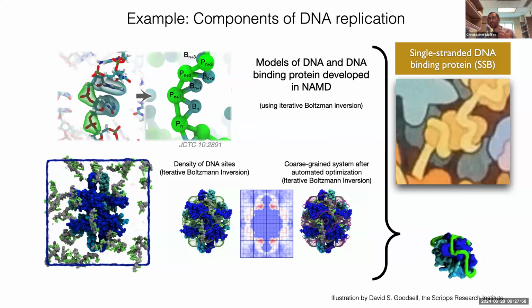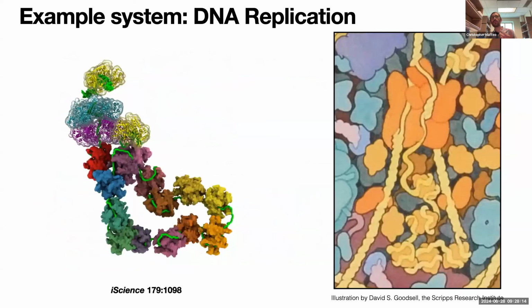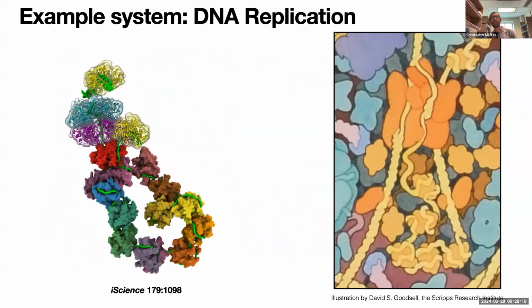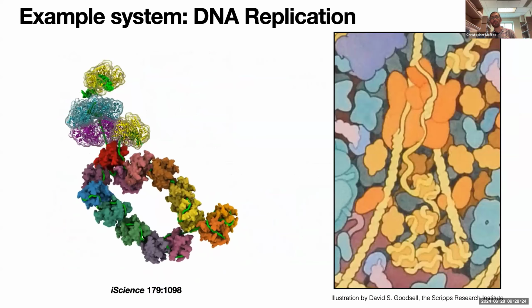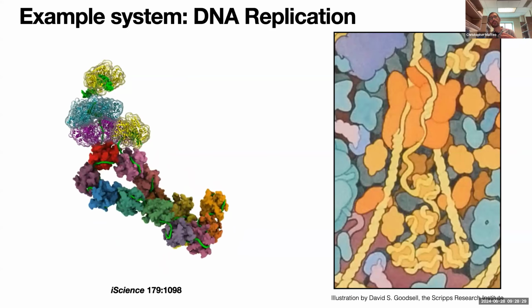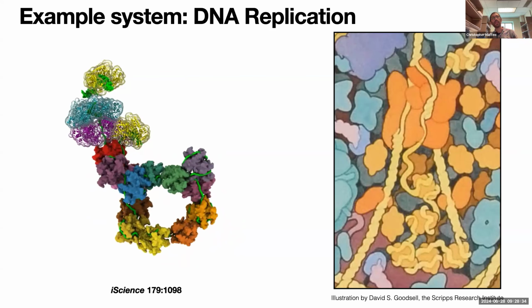And at the end of that, we're able to first of all validate that we get reasonable results by comparing to experiments, looking at the elastic behavior of these SSB DNA constructs. And then we're able to go to larger systems than previously possible, looking at the entire so-called trombone loop of the replication fork, which is this loop of single-strand DNA that gets coated with these SSBs to prevent the single-stranded DNA from reannealing.